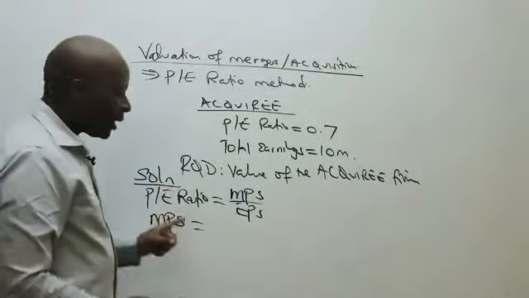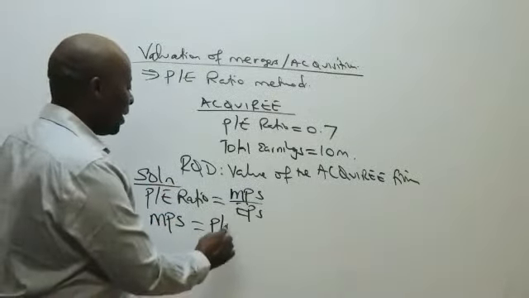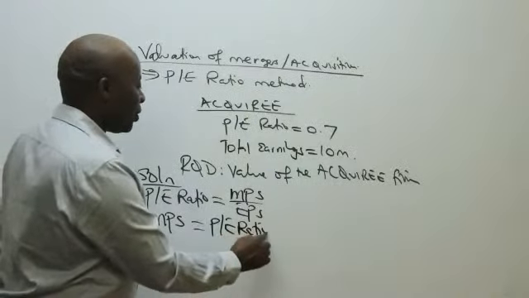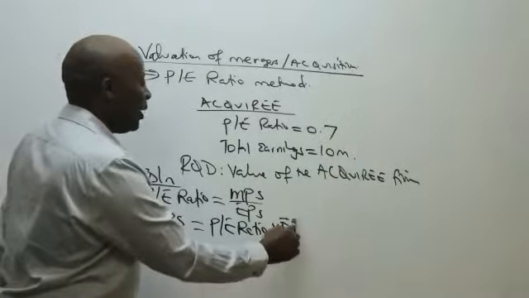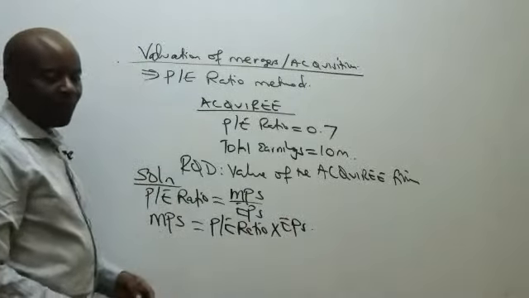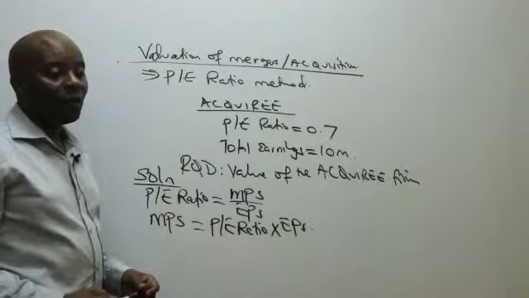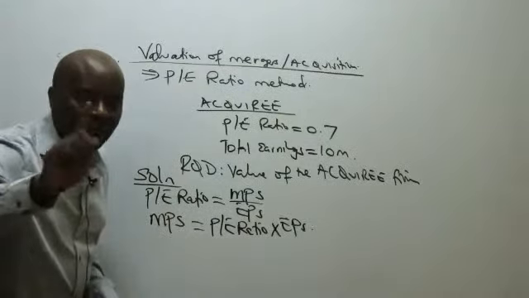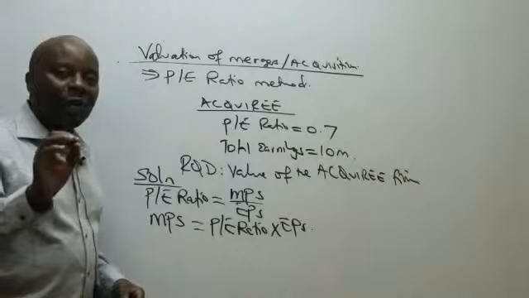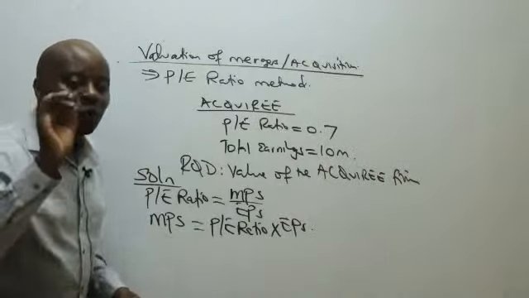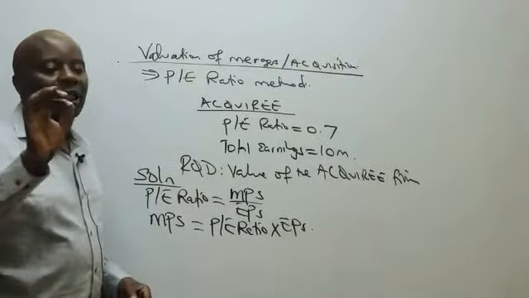Then MPS will be equal to PE ratio times EPS. But now, ladies and gentlemen, this is very good, but you have valued one share of that company. These people want you to ascertain the total value. So how do you get the total value?